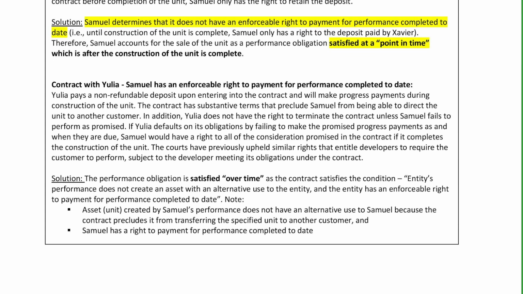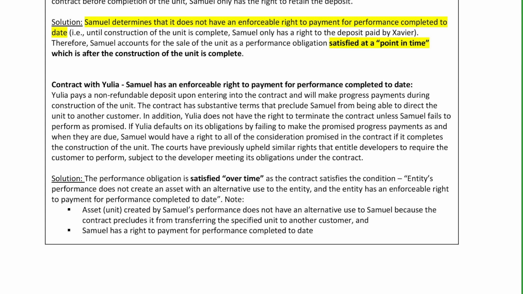But we have a different situation with Yulia, where as per the contract, Samuel has an enforceable right to payment for performance completed to date. So look at this. Yulia pays a non-refundable deposit upon entering into the contract and will make progress payments during the construction of the unit.